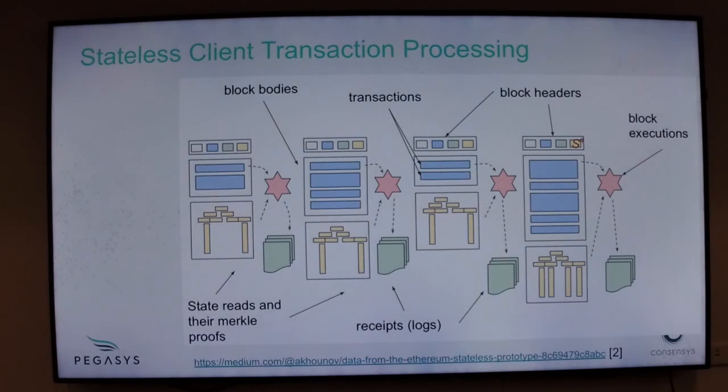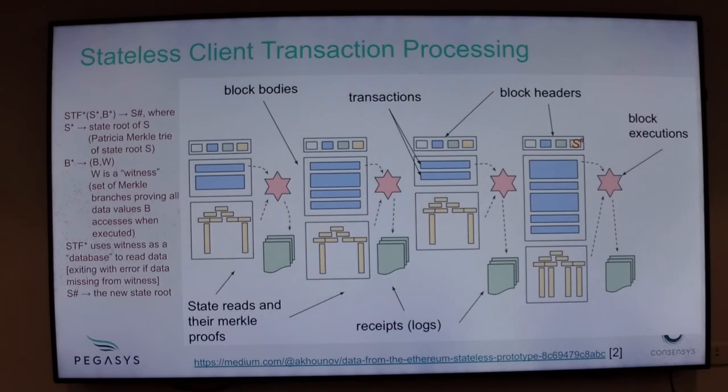Now, if we look at the same concept, but how that will then change for stateless clients, you can see here that we have the transformation of the state transition function.